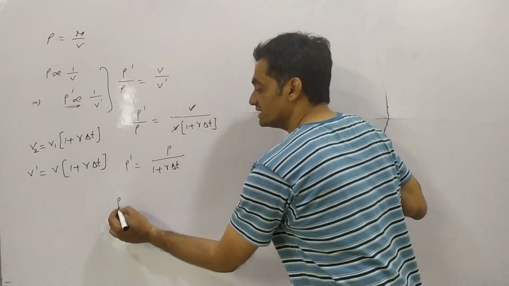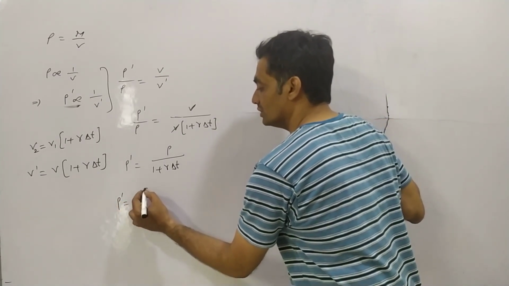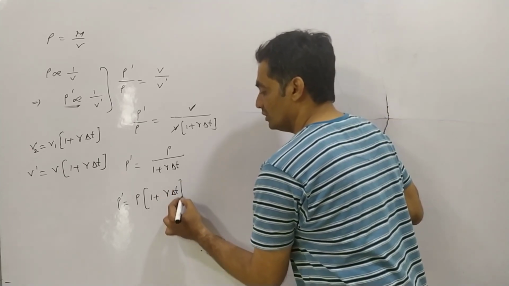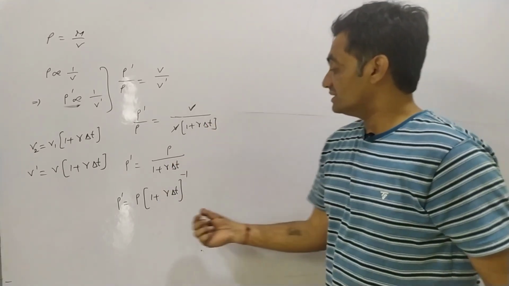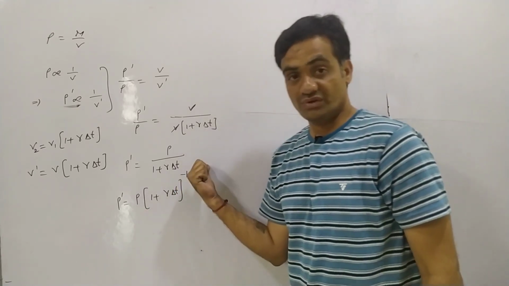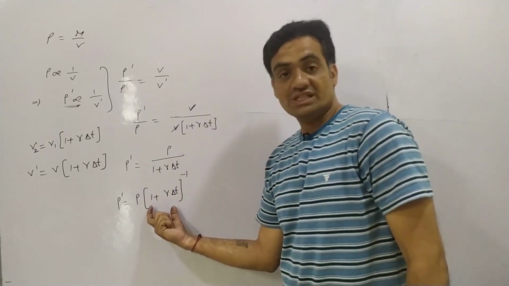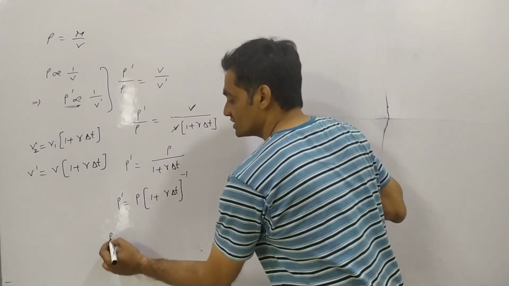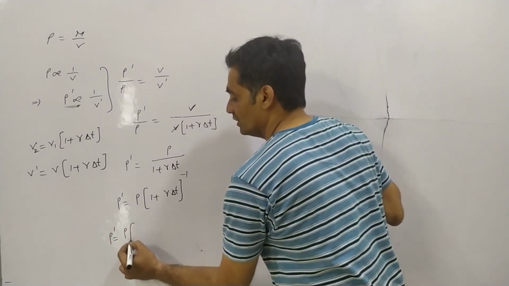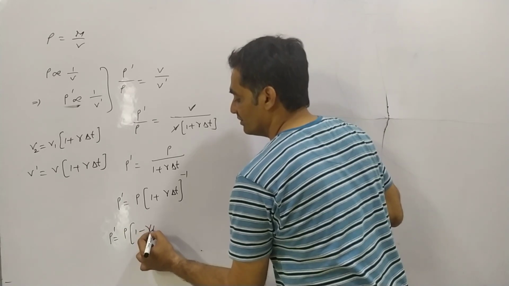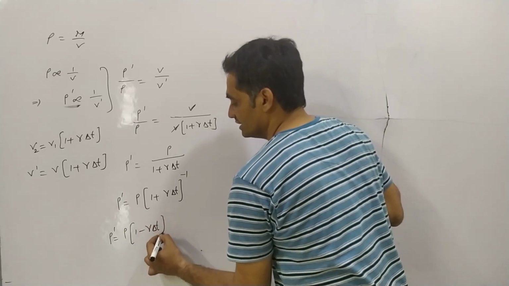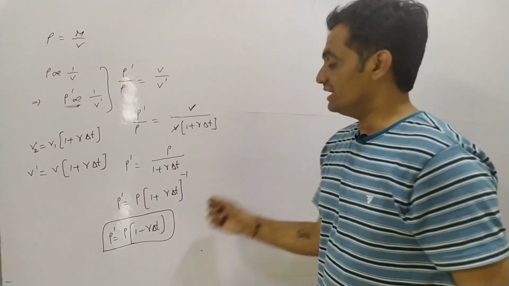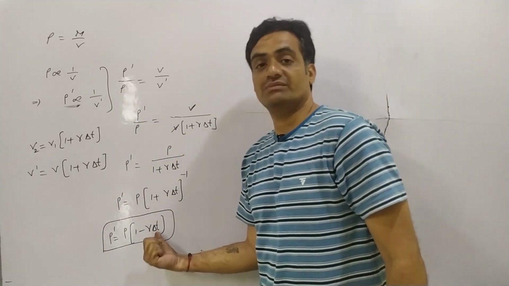Or we can also represent the expression as rho dash equals rho into (1 plus gamma delta T) whole to the power of minus 1. Also, it is in the form of (1 plus x) whole to the power of n. By reducing it to lower terms, it can be represented as 1 plus nx. Then the density expression is rho dash equals rho into 1 minus gamma into delta T. So this is the relation given for final density and initial density due to the increase in temperature.